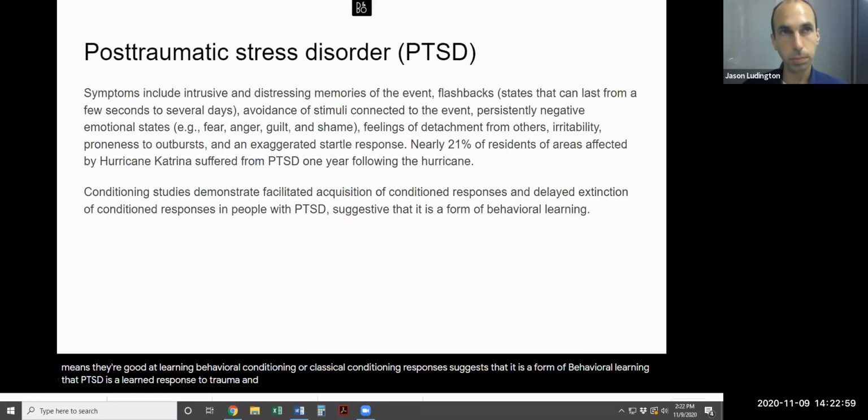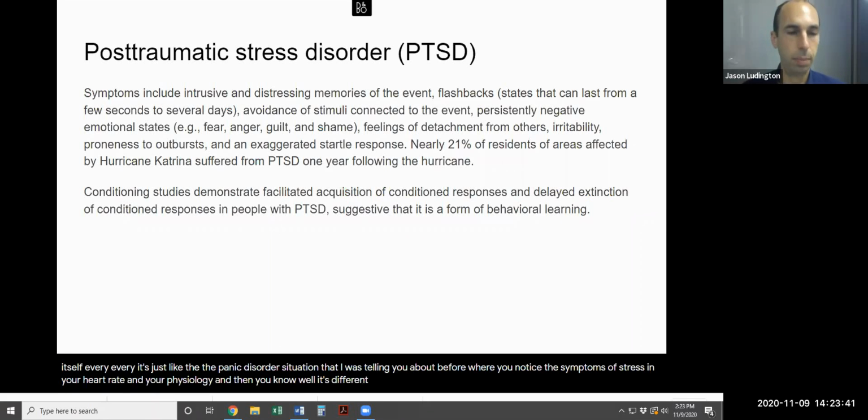This suggests that it is a form of behavioral learning, that PTSD is a learned response to trauma. And when the trauma goes away, the learned response remains, and it's reinforced by itself. It's just like the panic disorder situation that I was telling you about before, where you notice the symptoms of stress in your heart rate and your physiology.